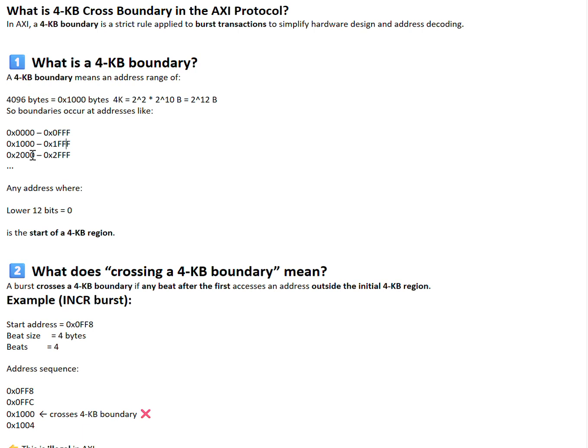So these addresses are aligned to the 4KB boundary and can be the start of a 4KB region. If any address starts somewhere in between and goes beyond 0xFFF, we say that the 4KB boundary is violated, and we will have to split those bursts into two parts.